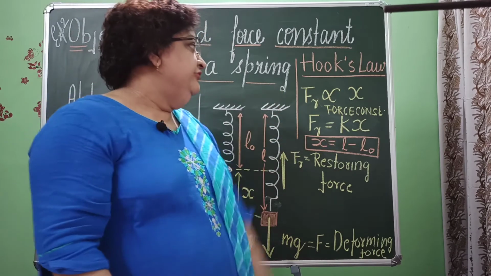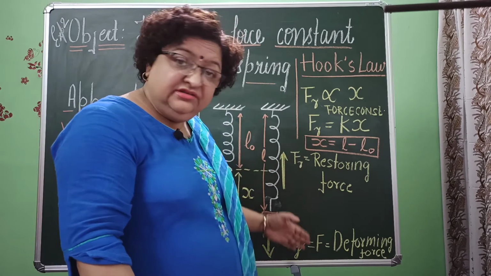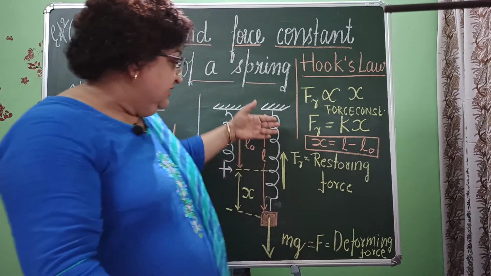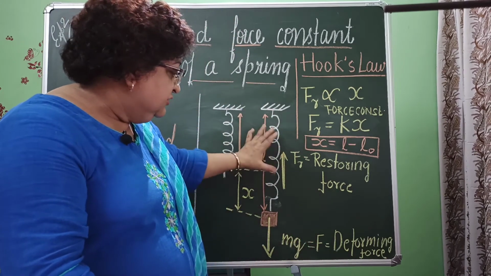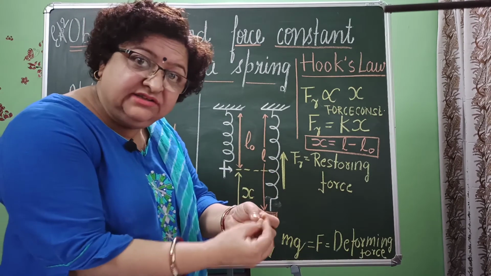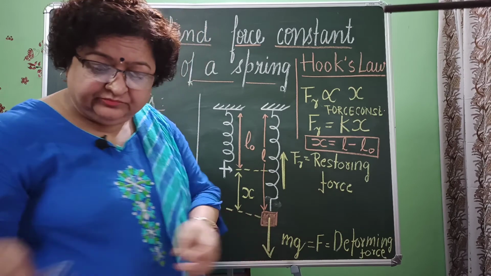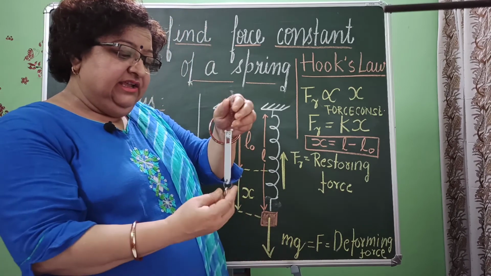This restoring force is a variable force. When the length of the spring is increasing because of the gravity, as soon as the gravity starts pulling the mass down, the spring starts getting elongated.